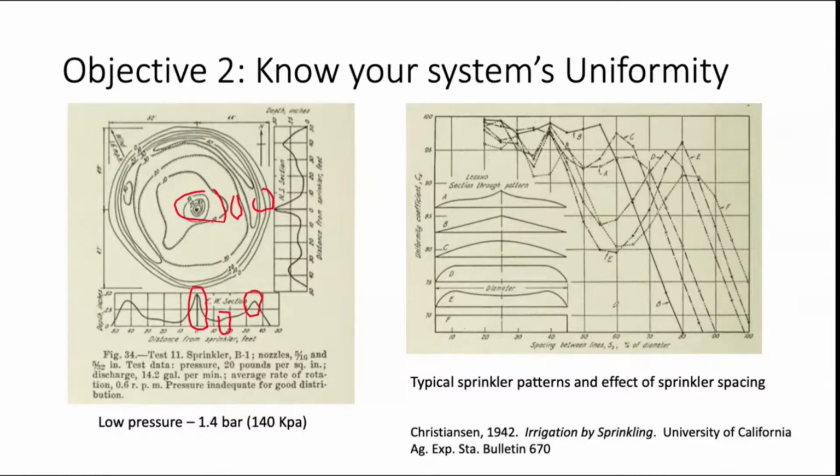This was research done many years ago, but the point I want to make here is that one sprinkler will not apply a uniform pattern by itself, and that's why we need to overlap. Now, the spacing of the sprinklers is different by the type of sprinkler. If you overlap more, you may be more uniform, but you also are going to pay for it because you're having more hardware. So I'm going to switch back here.